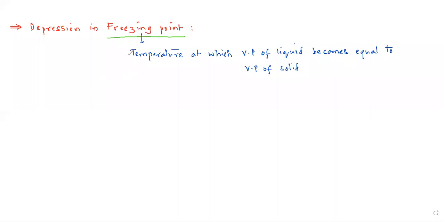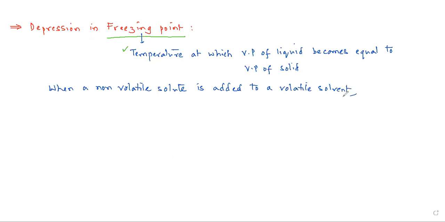Now, when a non-volatile solute is added to a volatile solvent, we know that the vapor pressure decreases.